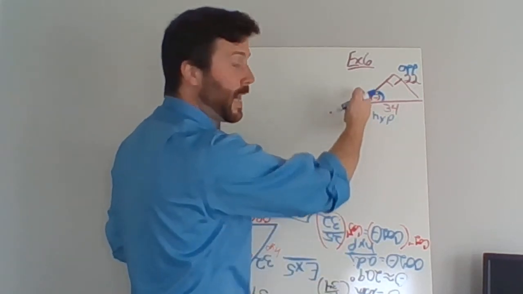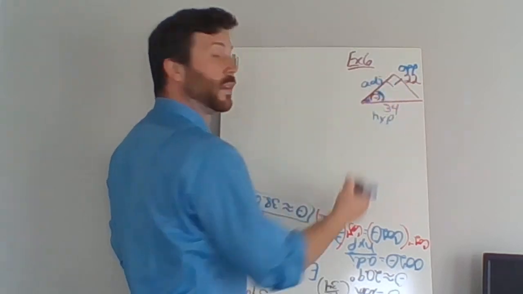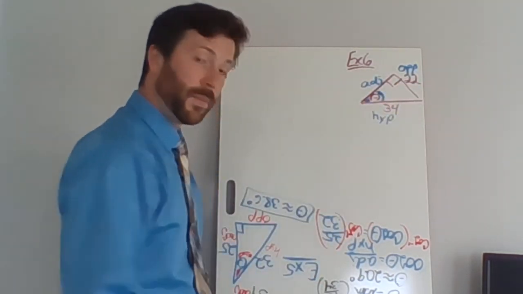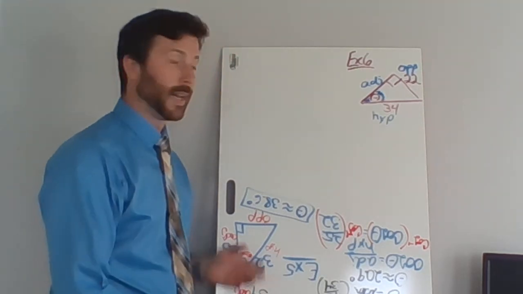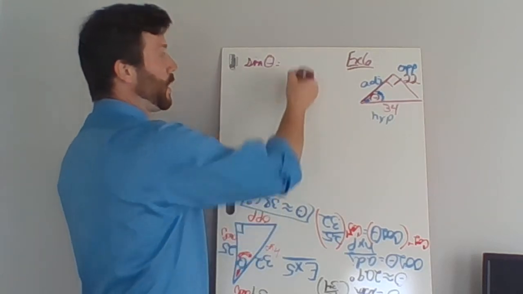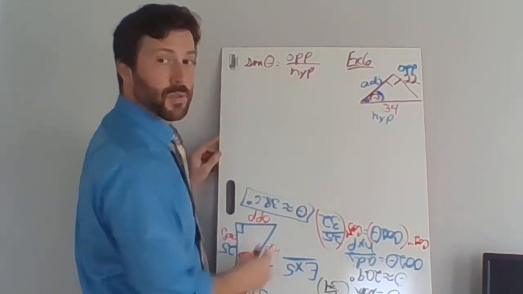And that last side, the one that's part of that given angle, is going to be the adjacent. So we're given the opposite and the hypotenuse. And we want a trig ratio that puts those two together. That's sine. So I can say sine of theta is equal to opposite over hypotenuse.